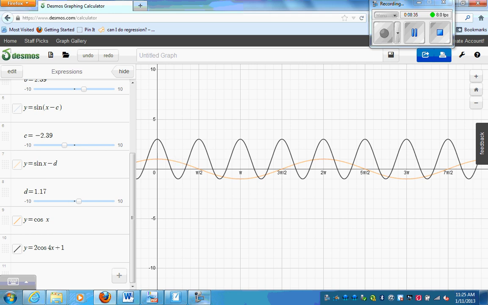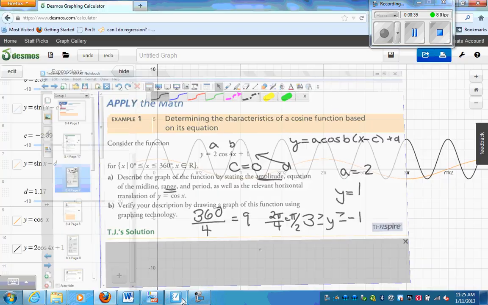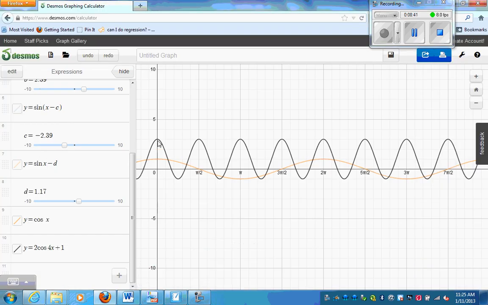I said that the period was every 90 degrees or every pi over 2, so I'm going to start repeating again at pi over 2. Very good. I said there was no translation. Look, we start with a maximum. Same idea. Those values of A, B, and C are going to tell us what the graph looks like, and then we can always check by graphing.